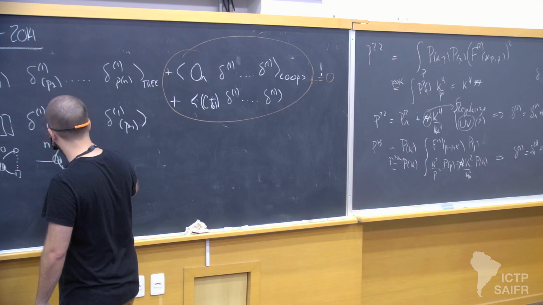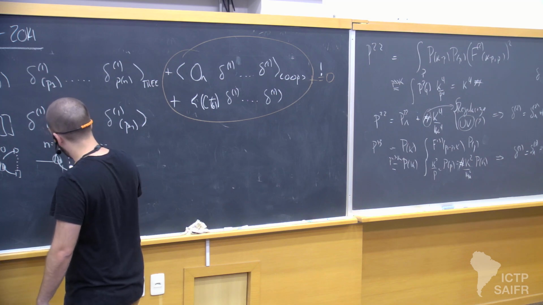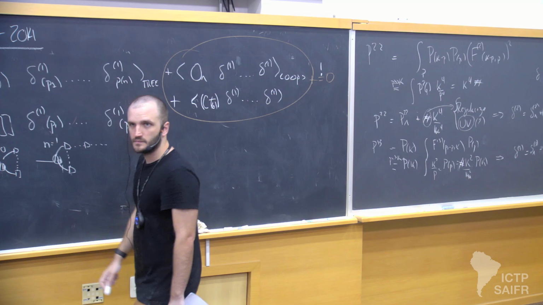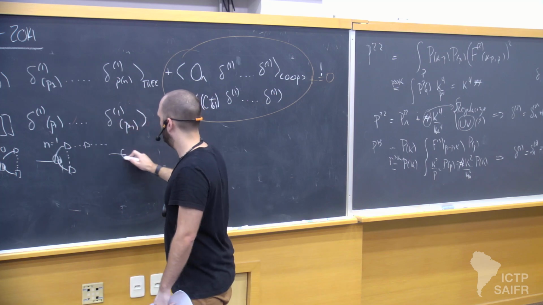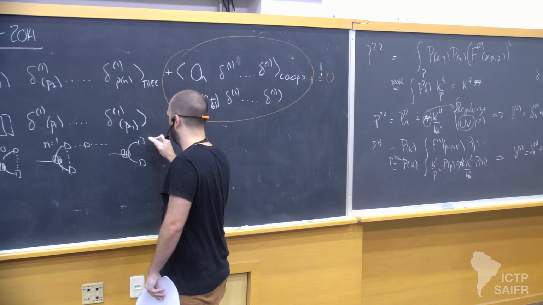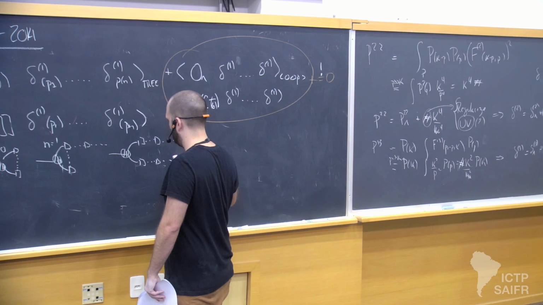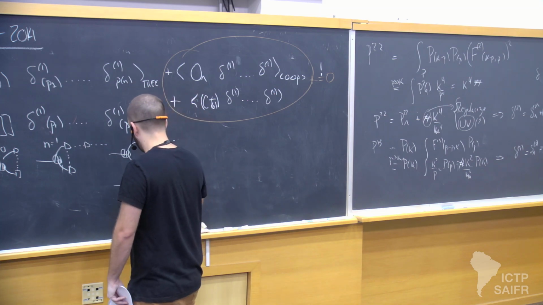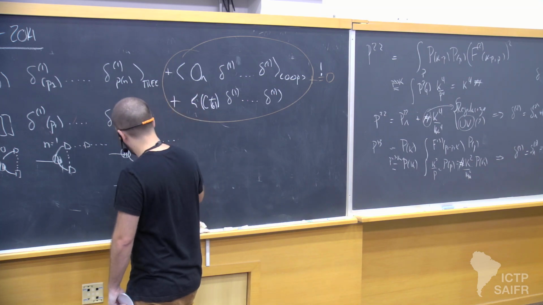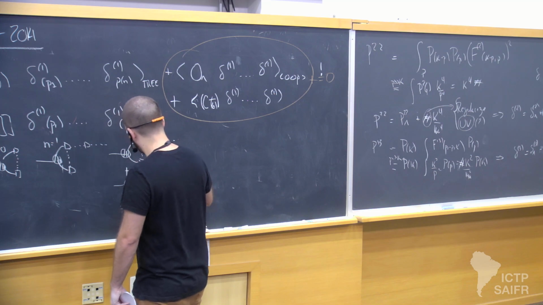n equals 1 basically gives you something like this. And n equals 2 gives you something like this.